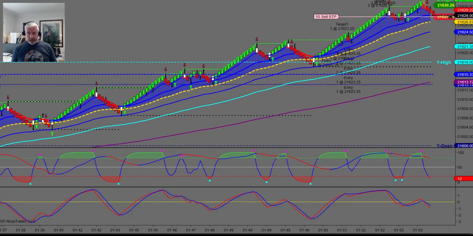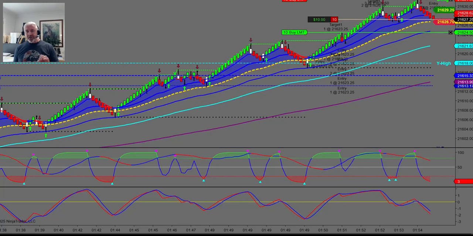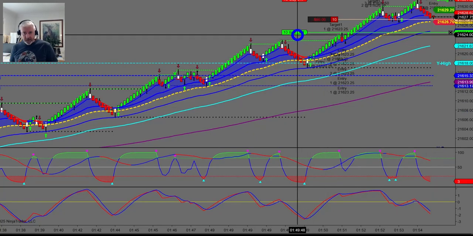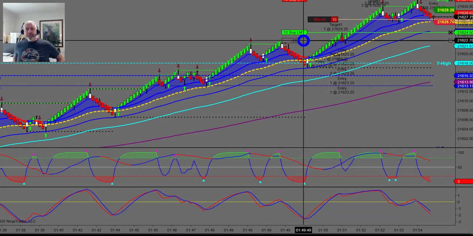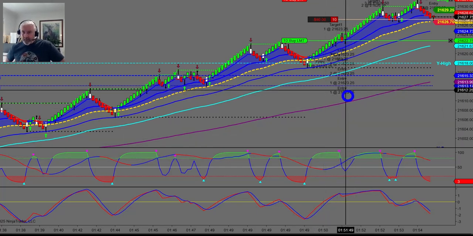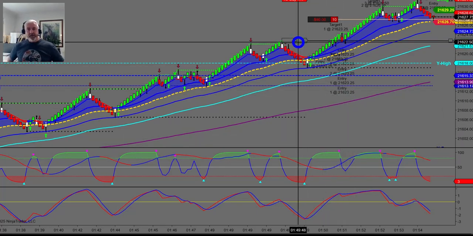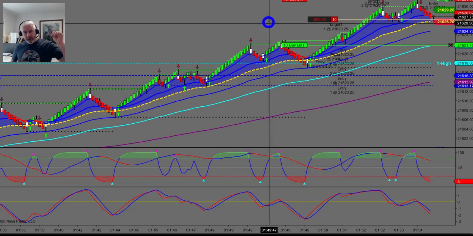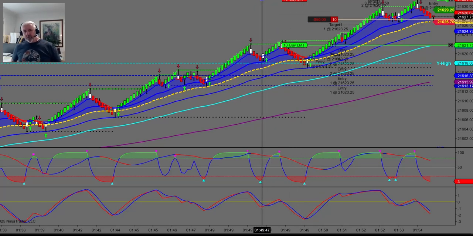Okay, now this is where I was looking for divergence to set up. Now here it is. You'll see me place orders in advance of the market, and the way I can do that is I'm looking at a particular level to be hit on my higher time frame. That is telling me, based upon a strategy that I have, where to place my entry or my order.